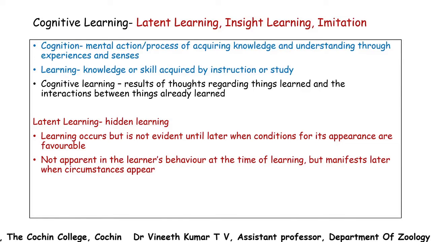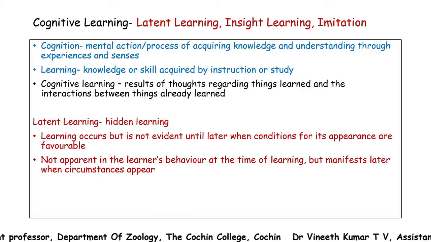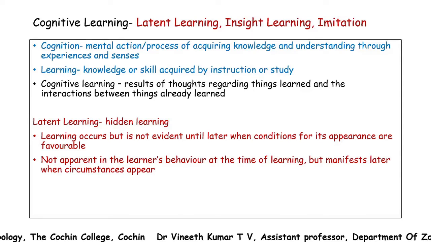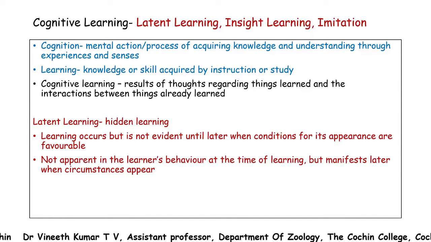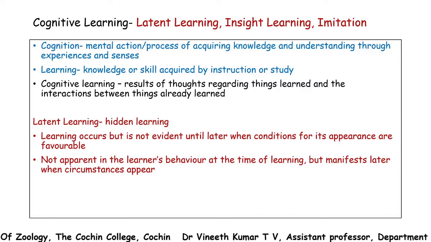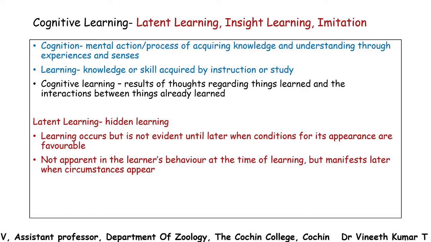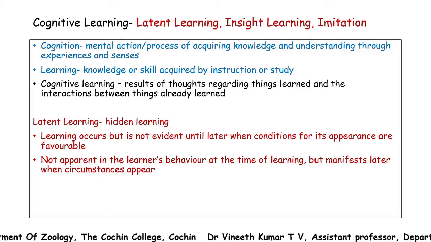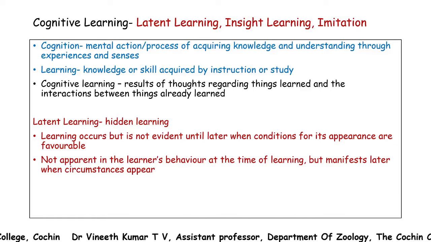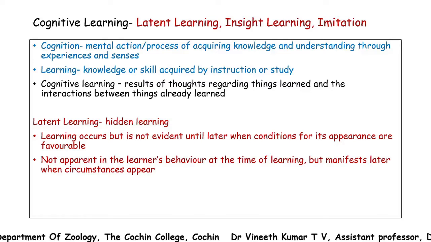As a result, on subsequent days when you come to the college, without asking anybody, you can directly find the stairs and move to the particular department or your class. So this is what is called latent learning. That is, you are learning something unknowingly, and that is what is called hidden learning.